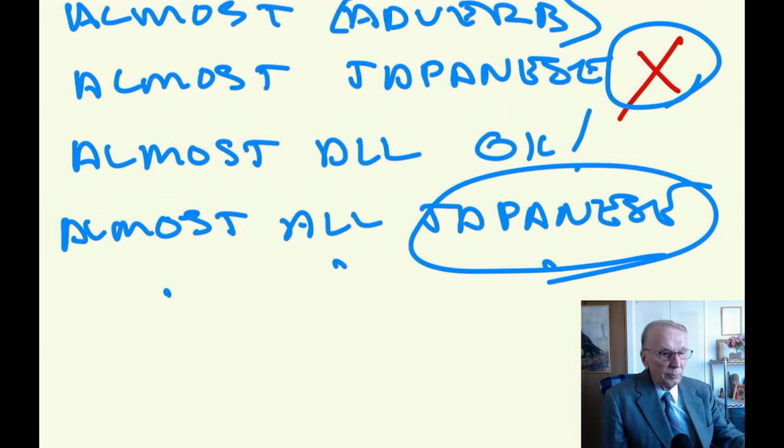And then next week we'll be going into the usage of most. And once we are able to show you how these two words, almost and most, relate to each other, I think you'll have a good basis on using them correctly.